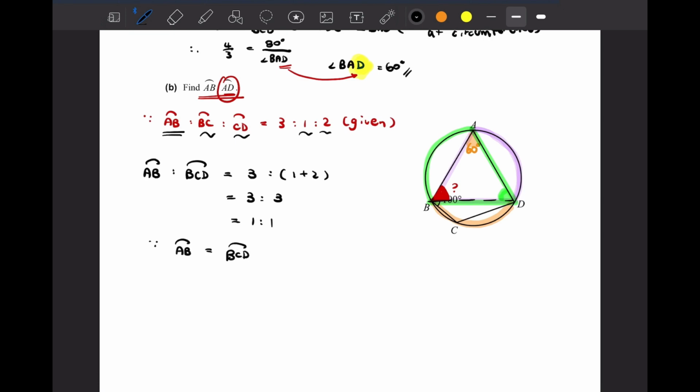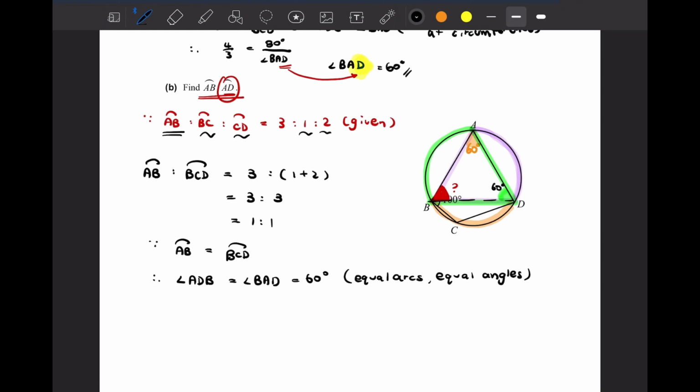If the ratio is the same, meaning that arc AB is actually the same length as arc BCD. So equal arcs. So now you got one information about equal arcs. Equal arcs give you equal angles.